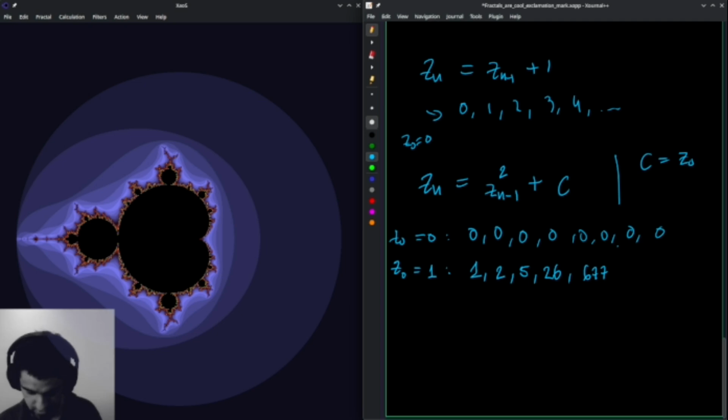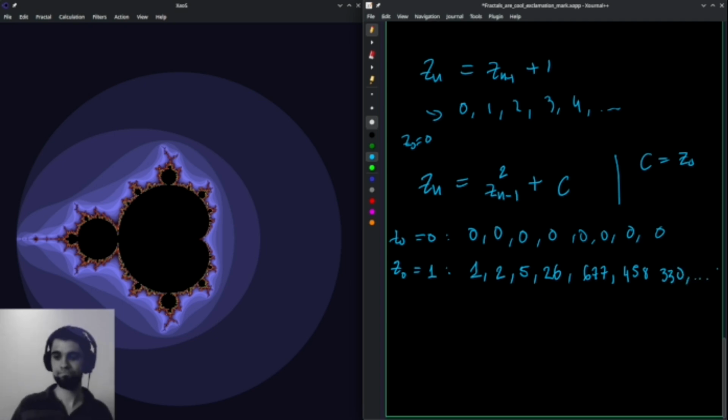And if I square that and add 1, I get a really huge number, 458,330. And so as you can see, the sequence can sometimes stay nicely around 0, or it can just blow up and get bigger and bigger. And so the question is, for which numbers does this happen?